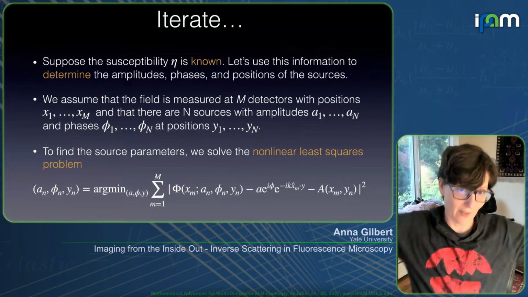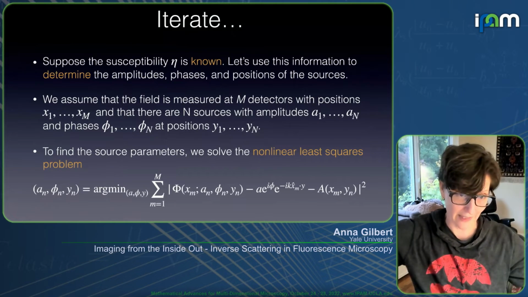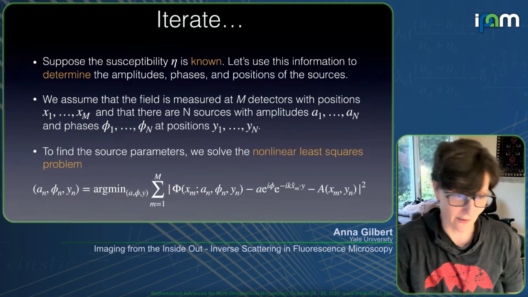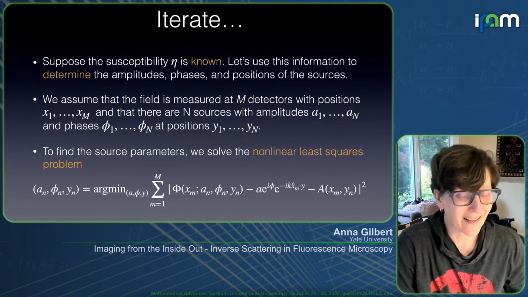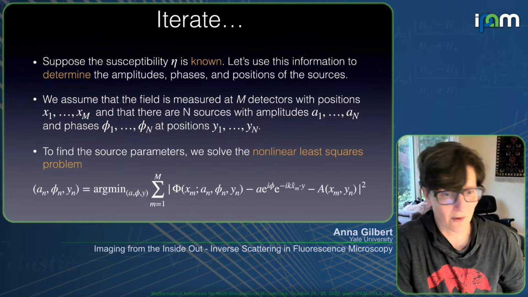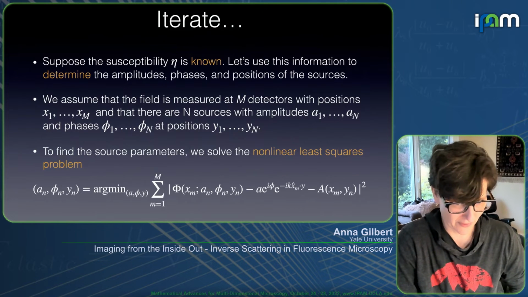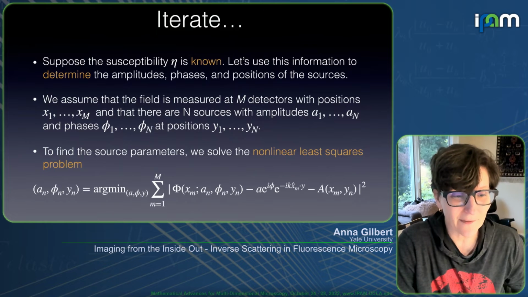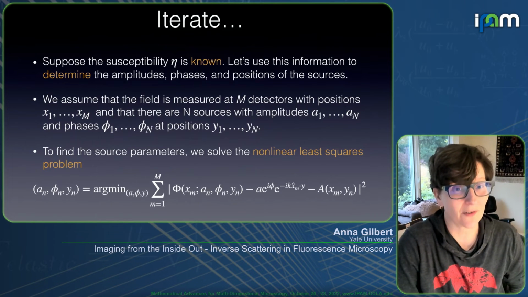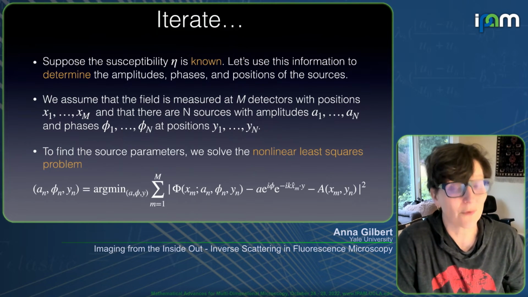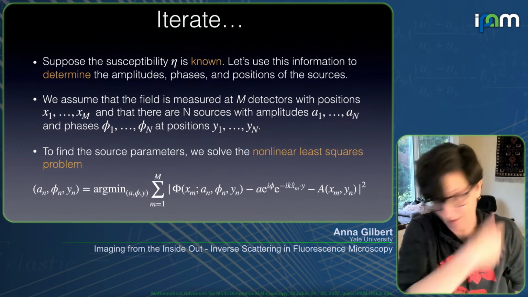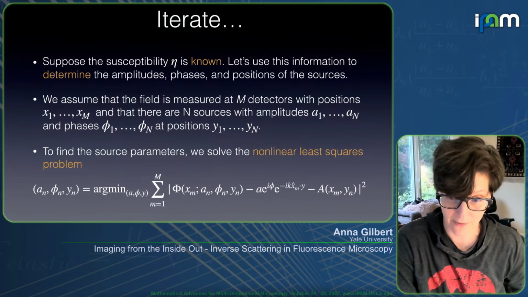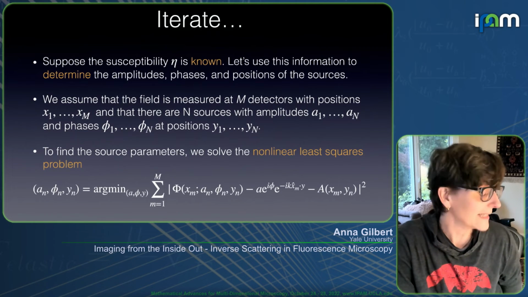So assume that I've got my field measured at M detectors with these positions x1 through xM, and assume that there are n sources with the corresponding amplitudes, phases, and positions. Could I figure out from the external measurements, knowing the susceptibility, where the sources are and their various other parameters? So I claim yes.